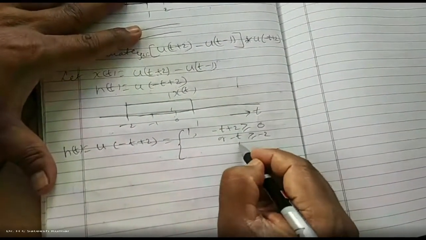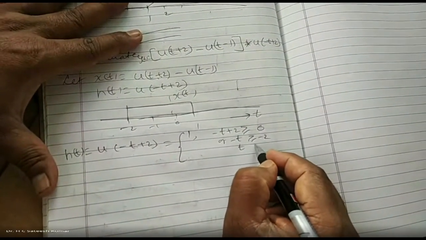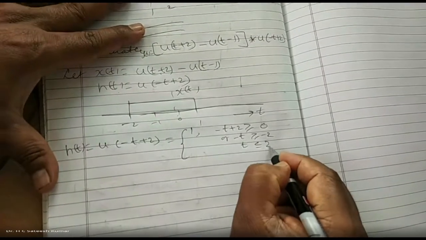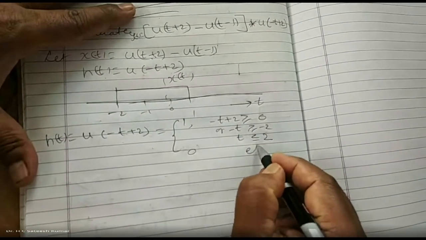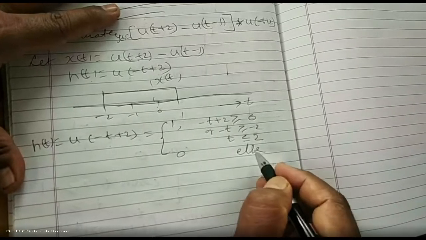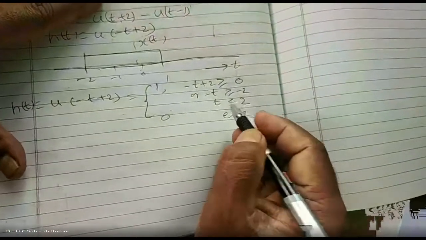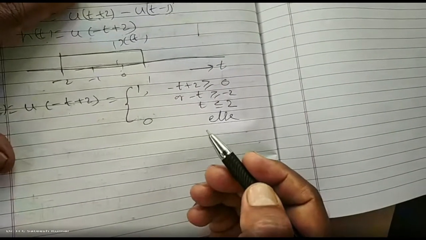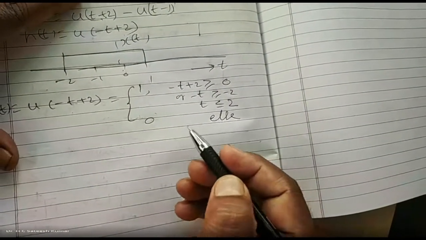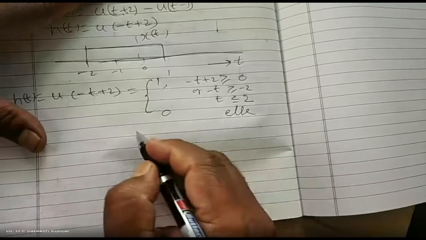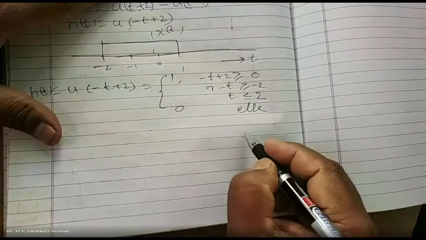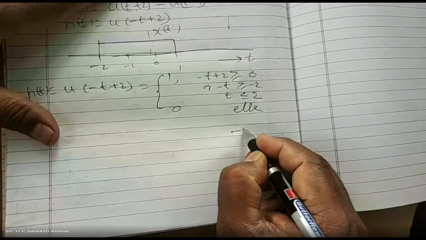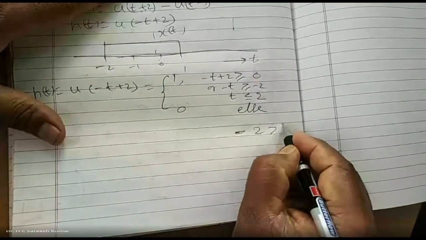Multiply by minus sign: greater than will become less than, so t less than or equal to 2, and is equal to 0 elsewhere. Whenever it is multiplied by minus sign, greater than will become less than and less than will become greater than. That you should remember. For example, 2 is greater than 1, let us say.